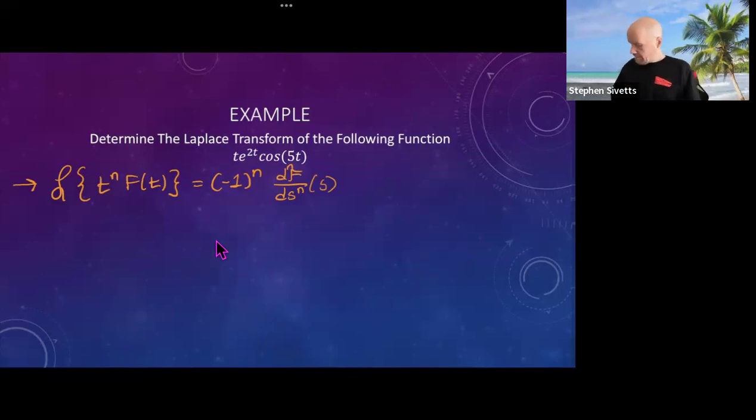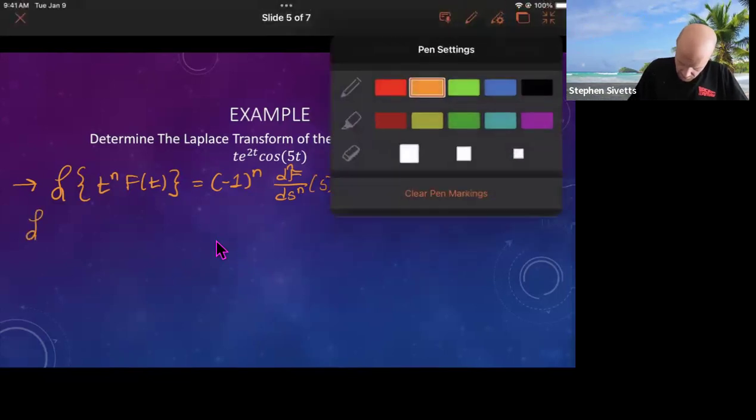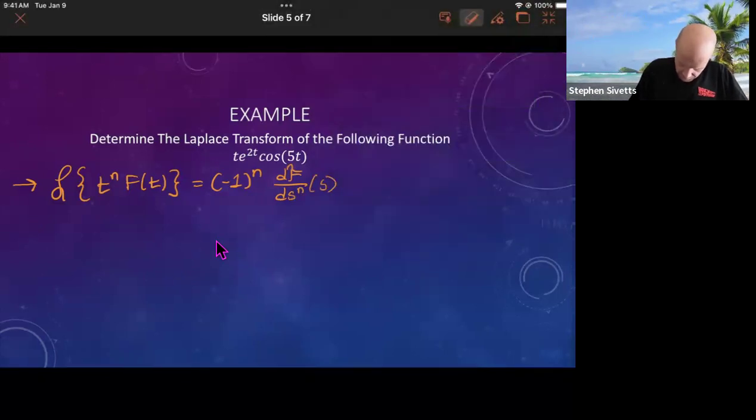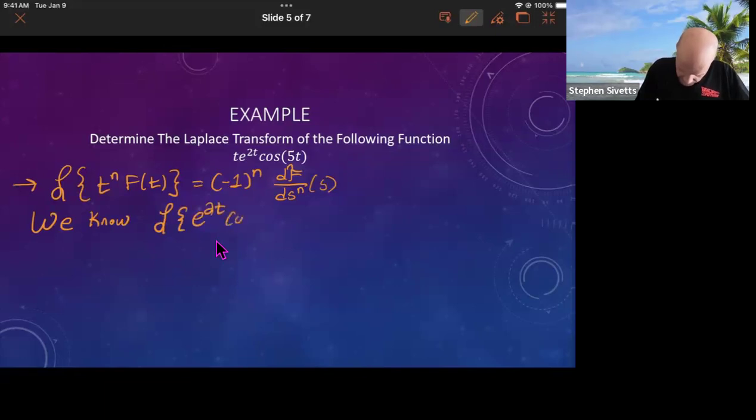So now here's how we're going to magically get to the solution. We know the Laplace transform of e to the 2t times cosine of 5t, right? Do you know what that is?